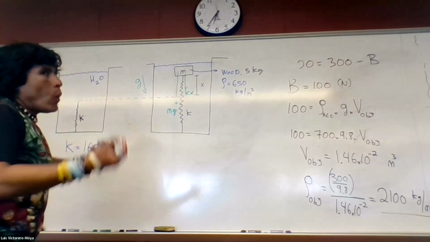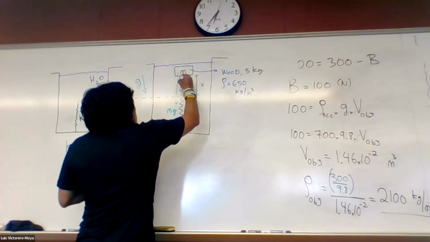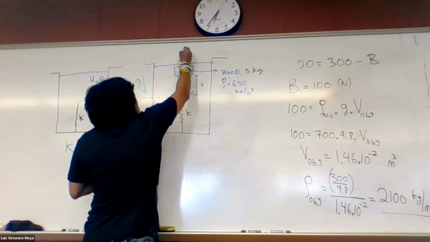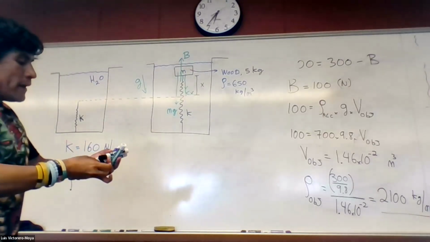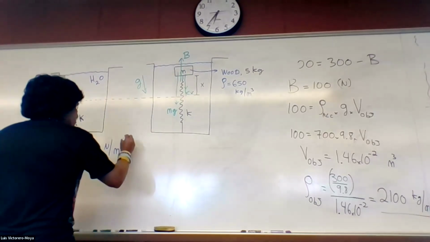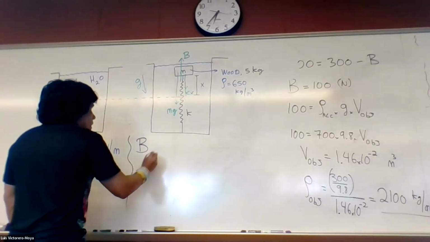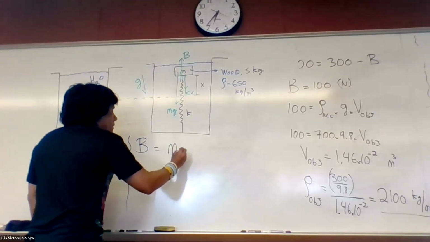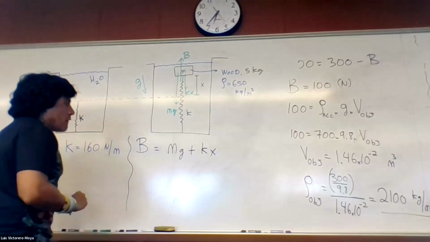So what's making the mass go up? The buoyancy. There you are. So my equation of equilibrium is buoyancy equals the weight of the wood plus the force on the spring.